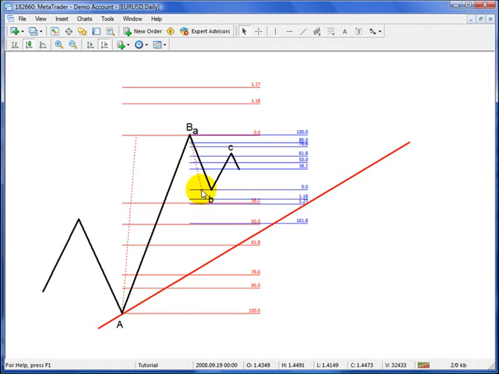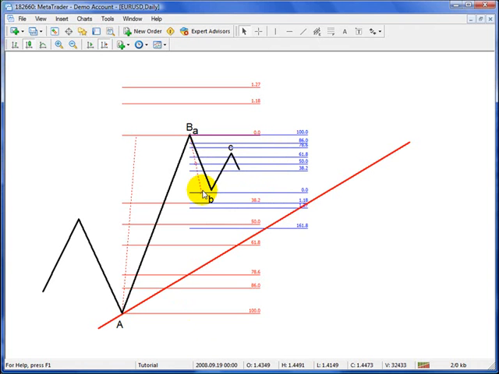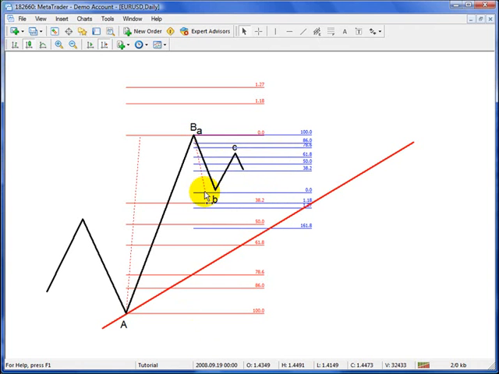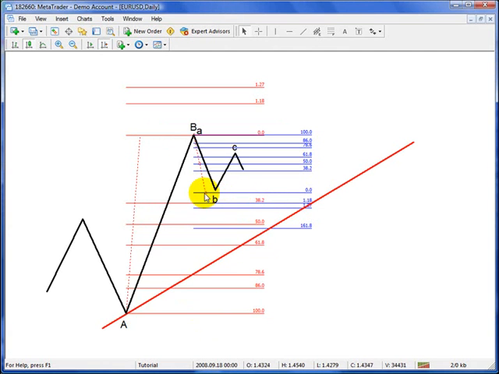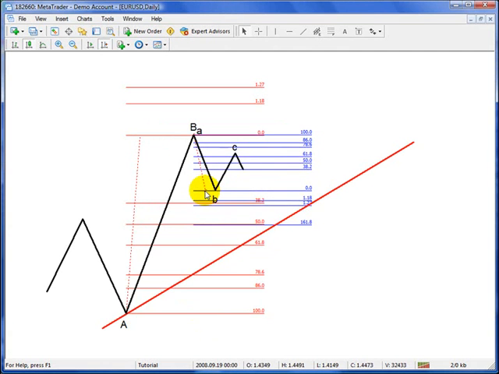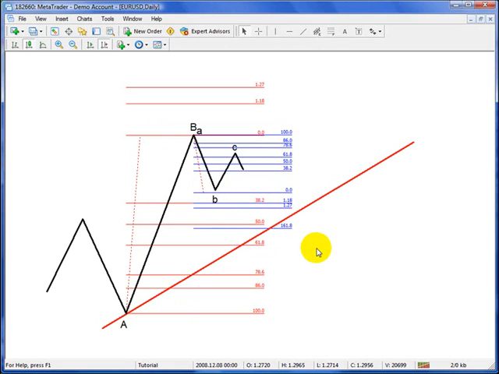I'm just going to extend this so that we have a clearer view. So what we have now is our A, B swing with our retracement levels here in red, and we have our sub down swing, a 61.8 retracement, where we'd expect the extension level to be at the 1.618.